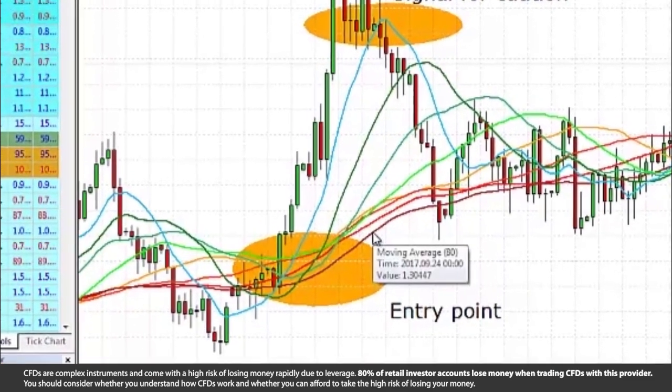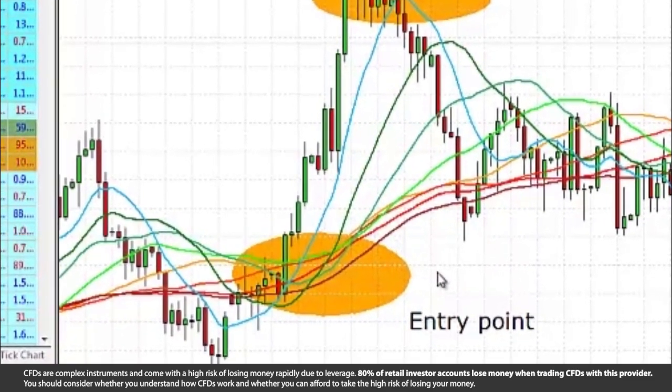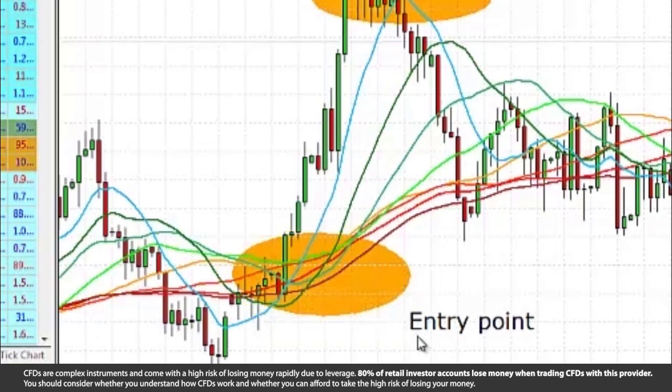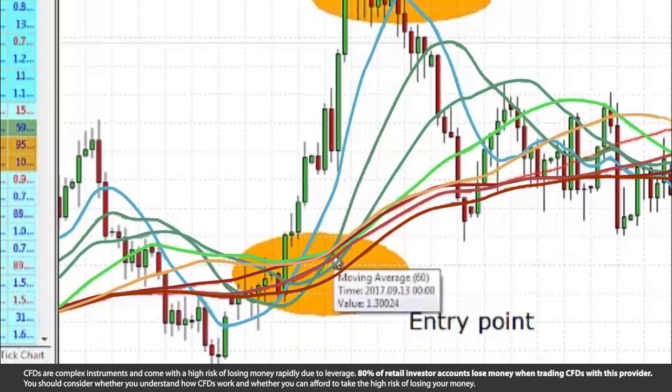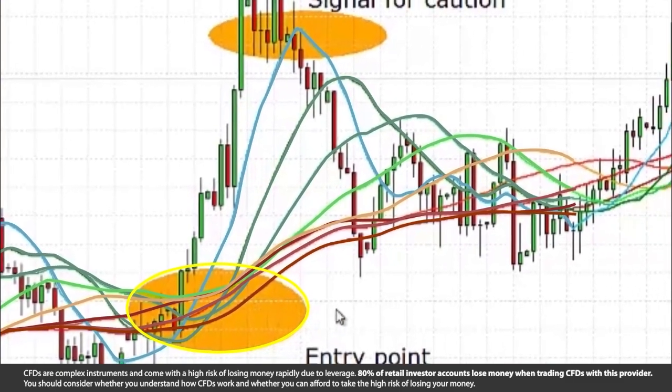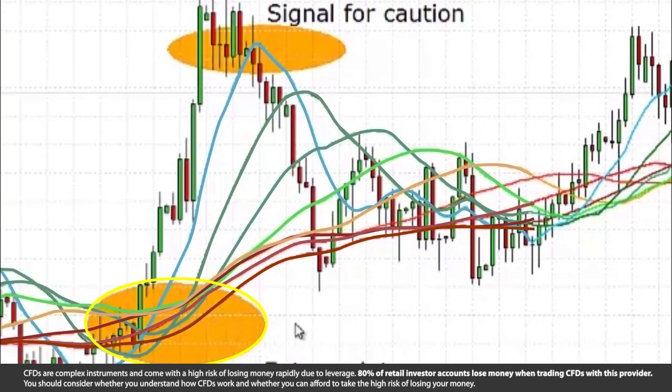According to the EMA ribbon strategy, when all the moving averages cross, that is the clearest signal to enter a buy position. So here we can see that one by one, moving averages cross over the slower 80-day moving average. Once all of them cross over, it's the clearest signal.